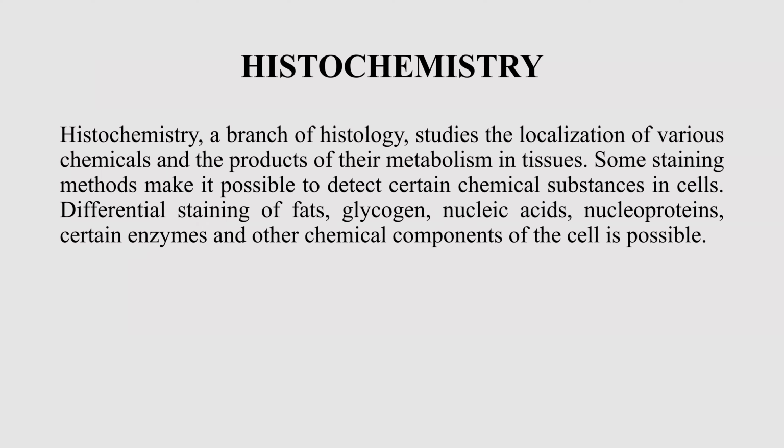Based on this detection of chemical substances in cells and tissue, we can conclude about pathology or normality of cells and tissues. We are able to stain fat, glycogen, nucleic acids, nucleoproteins, and minerals in tissue, and this knowledge helps us make pathology conclusions.